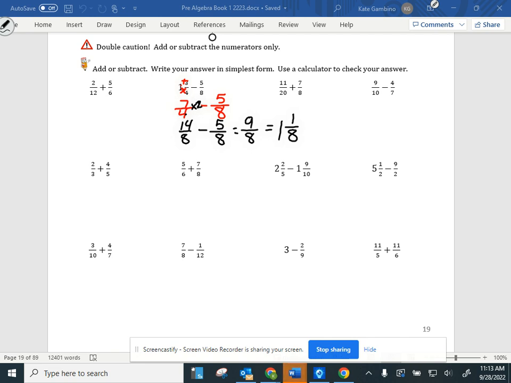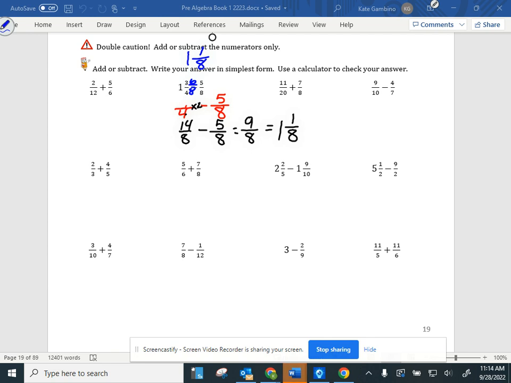So what Hugo was saying, in case anybody wants to know his way of doing this, it doesn't always work, but sometimes if we have 1 minus nothing, we keep that whole number of 1. We can change our fractions. If I multiply by a 2, it becomes 6 eighths minus 5 eighths gives us that 1 eighth.